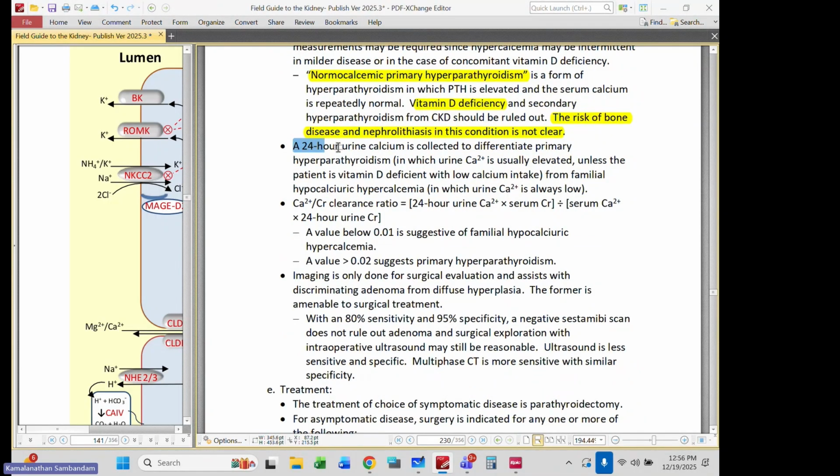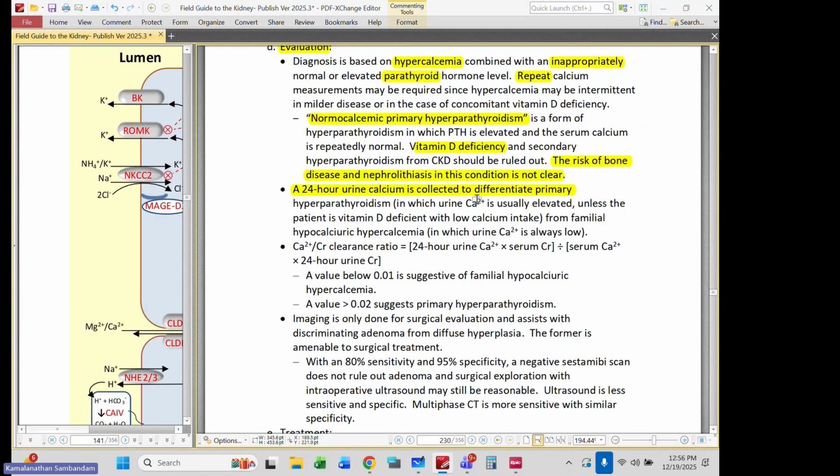All right, 24-hour urine calcium, again, is part of the evaluation of these patients, so you can discriminate the primary hyperpara from FHH, familial hypocalciuric hypercalcemia, okay? So urine calcium is that critical decision point. I think I've made this point before, and I'll make it again.